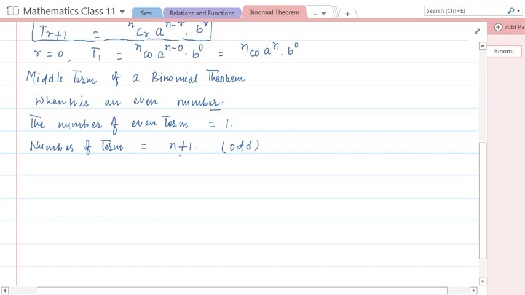When n is even, then n plus 1 will be odd, and there is no problem to find the middle term.